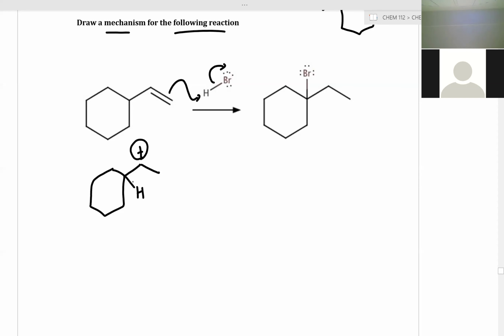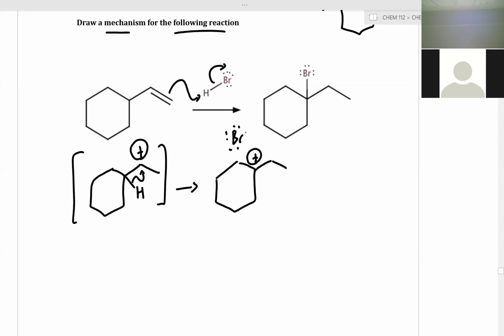Next, we have a hydride shift to generate our tertiary carbocation, followed by attack of our halogen to generate our alkyl bromide product. Pretty cool reaction.